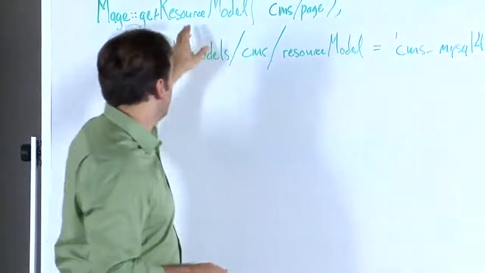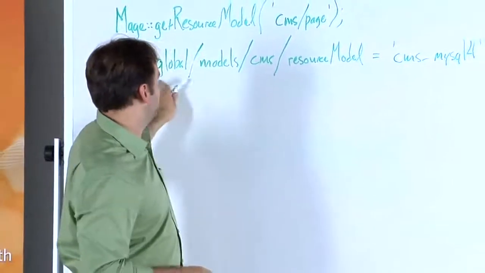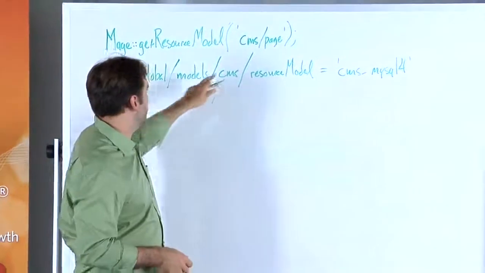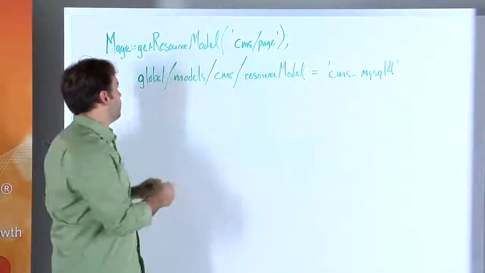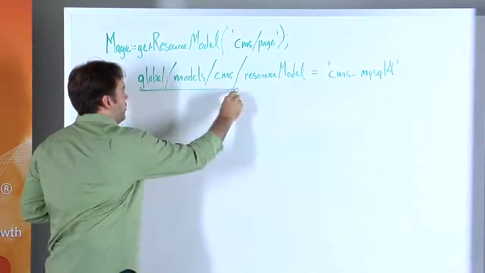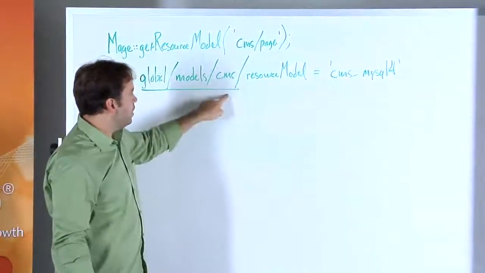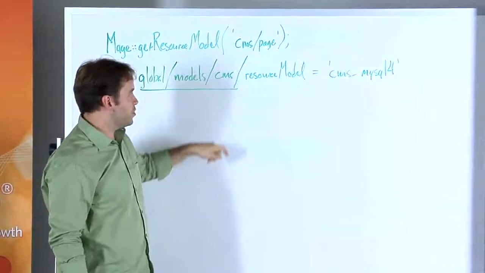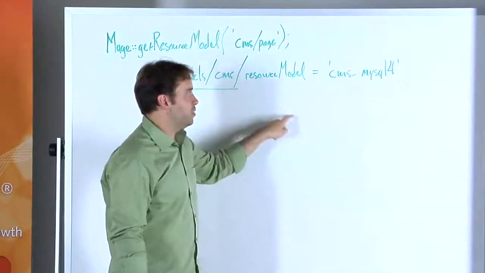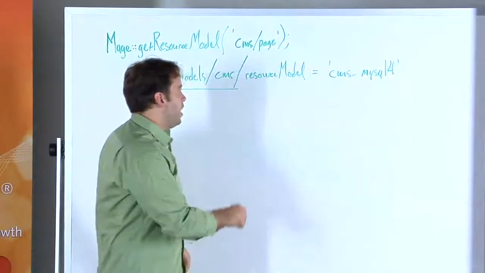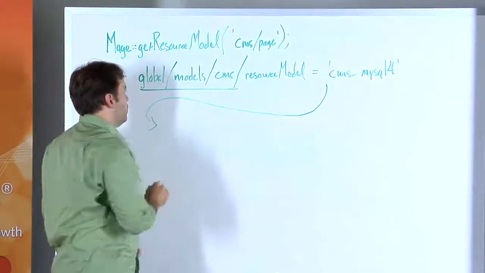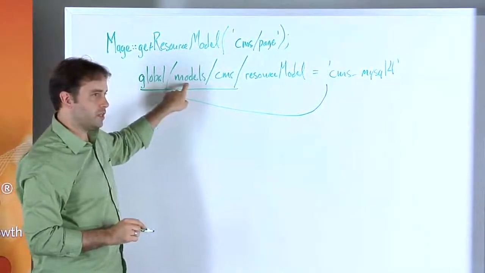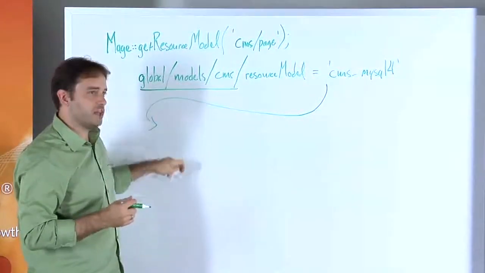Because what happens with get resource model is, first we look here, global, because the config object takes CMS and matches it up to here. But then because we're looking for a resource model, we look in the resource model node, get this string value, and then internally pass that back into another function that we use for models to get the model group class name.